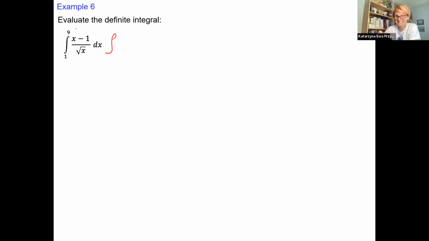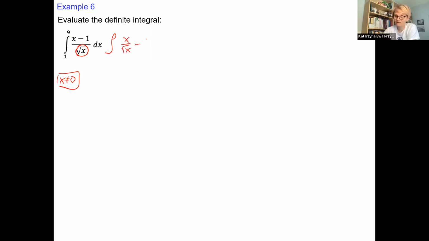Actually, let's check. This function is not defined before I do the algebra. It's not defined for what x? For x equals 0. But do we have a problem on our interval? No, that means we're good. We can apply the fundamental theorem of calculus.